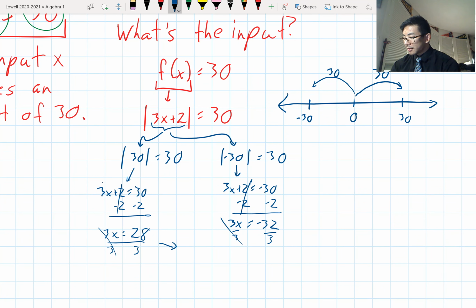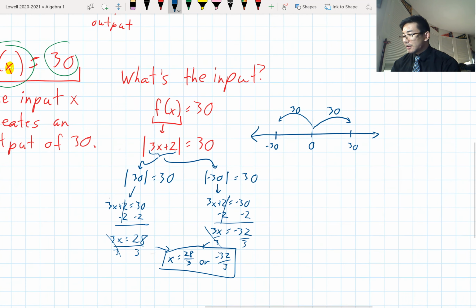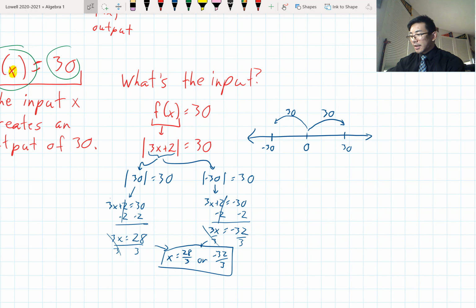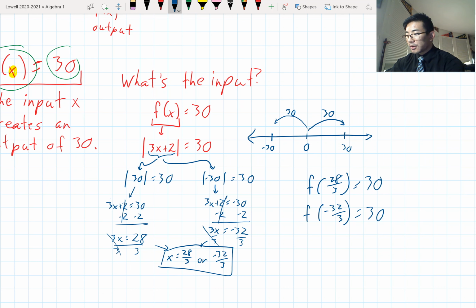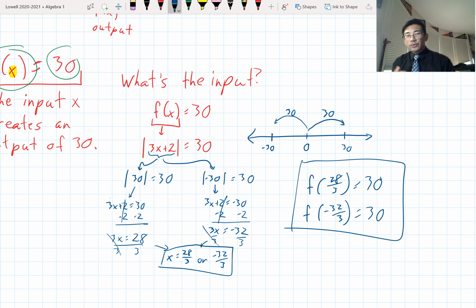So this means that x could equal 28 over 3, or it could equal negative 32 over 3. And so what we could say then is that f of 28 thirds equals 30, and f of negative 32 thirds equals 30 as well. So this is a case where two different inputs could create the same output, which is totally possible.